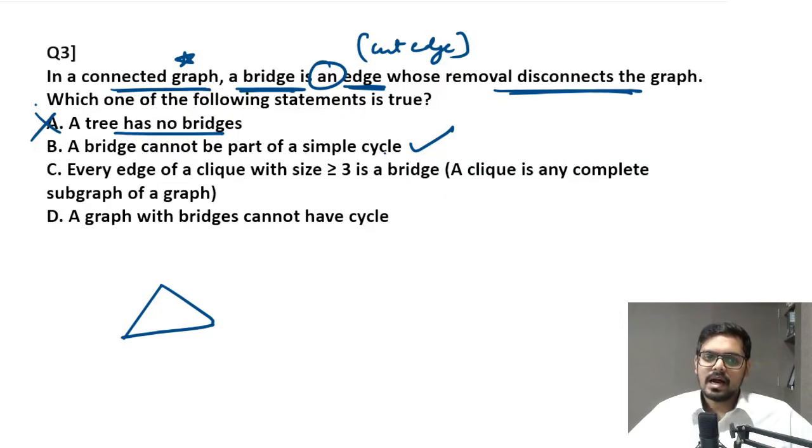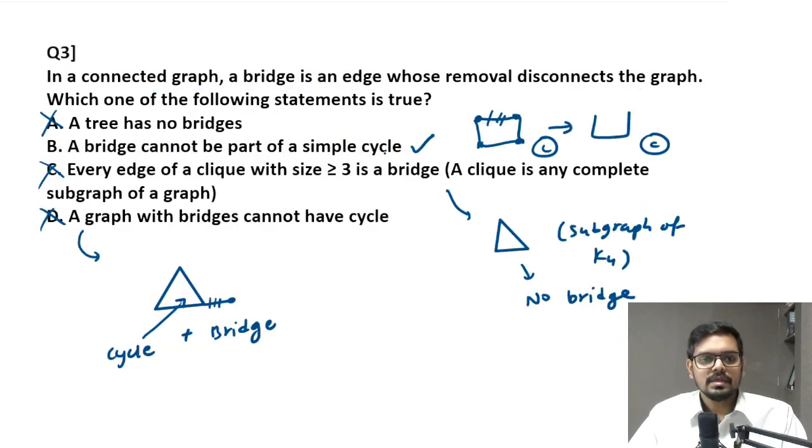Makes sense? Done. I won't check C and D in the exam, but as a teacher I will check here why options C and D are incorrect. C is saying every edge of a clique with size greater than or equal to 3 is a bridge, where they are saying a clique is a complete subgraph of a graph.